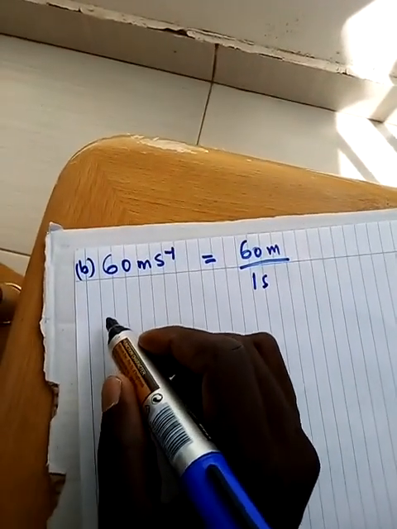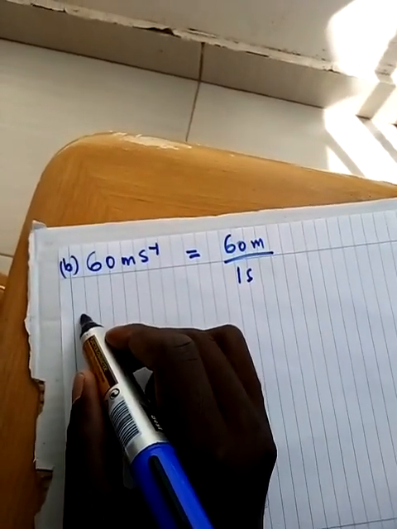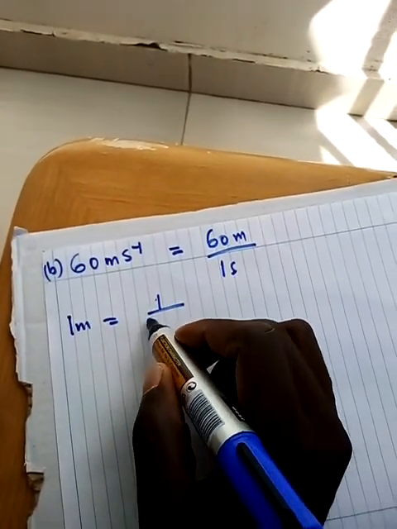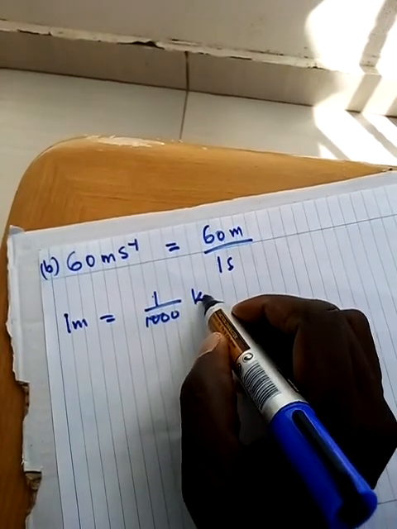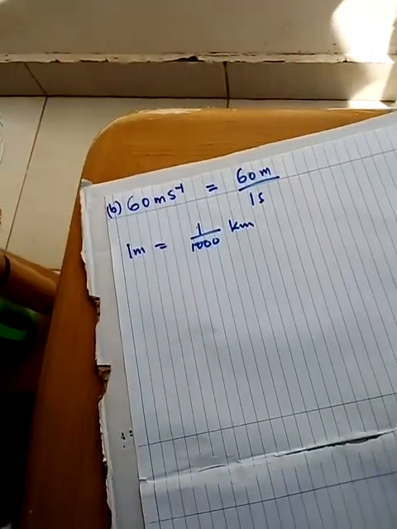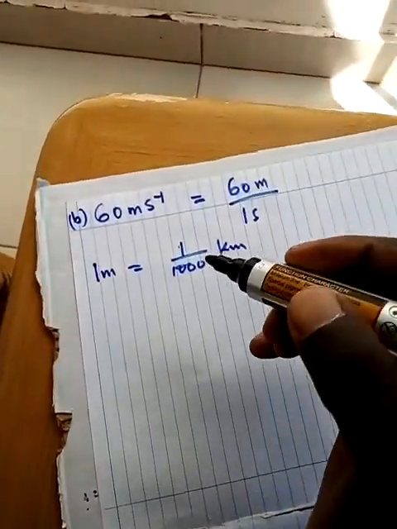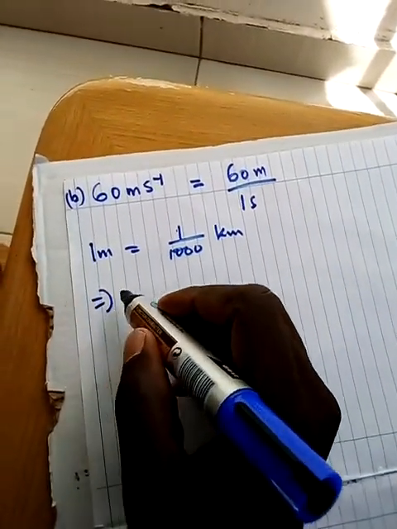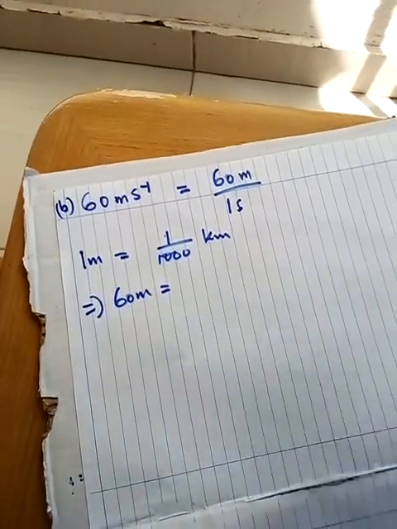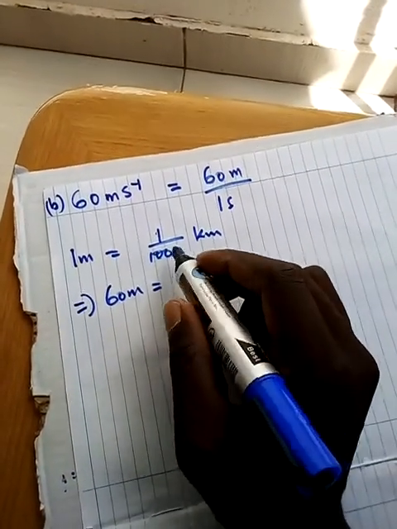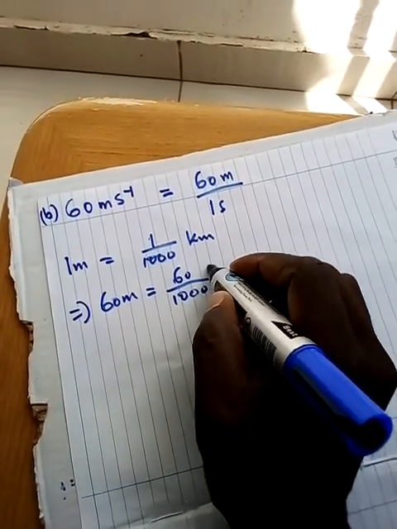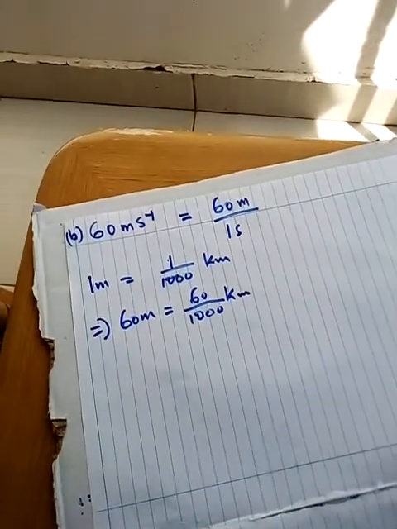We need to recall that 1 meter is equal to 1 out of 1,000 kilometers, implying that 60 meters is equivalent to 60 out of 1,000 kilometers. We leave it in that format.